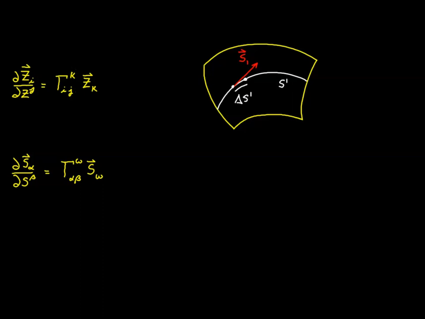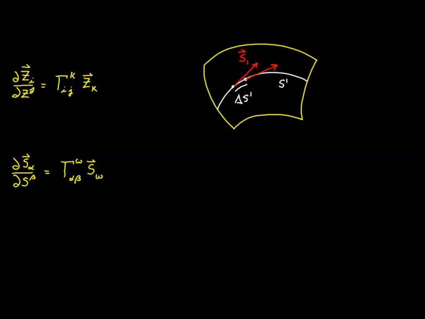And of course, as we do that, the basis vector moves along with it, and it has to remain tangent to our coordinate line. So that means it's going to point off in this direction. It has to remain tangent to our coordinate line. And because the coordinate line is curving, then the vector, S1 vector, has to change in its direction.